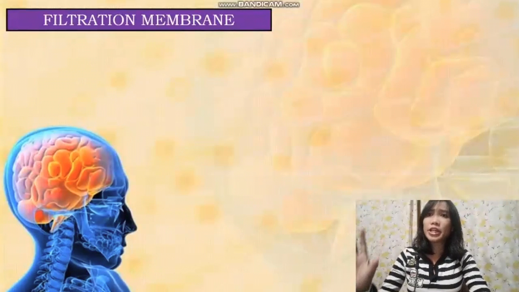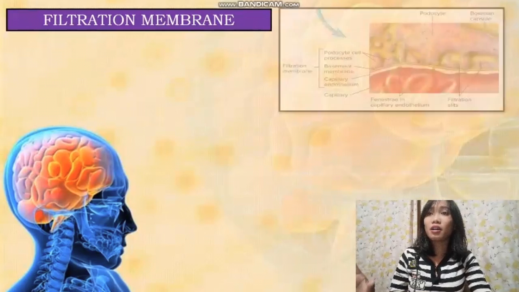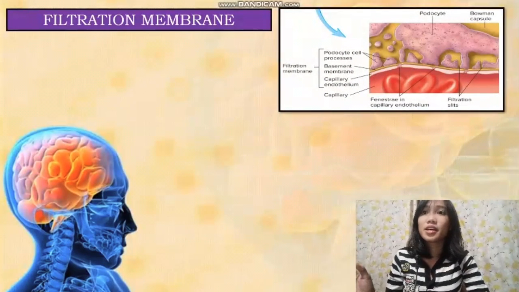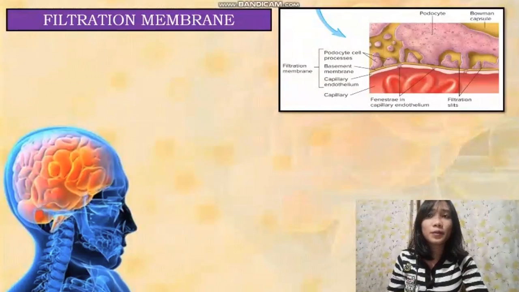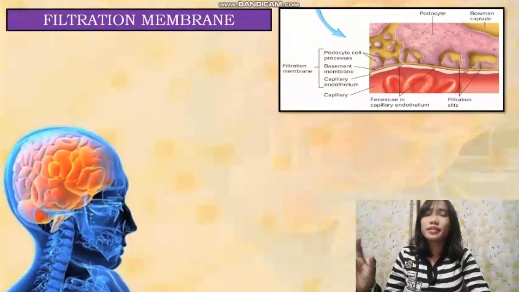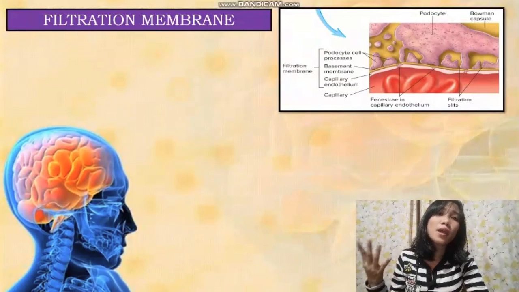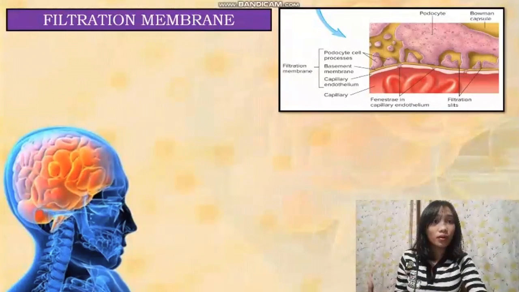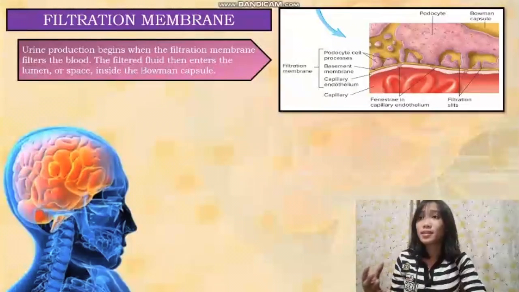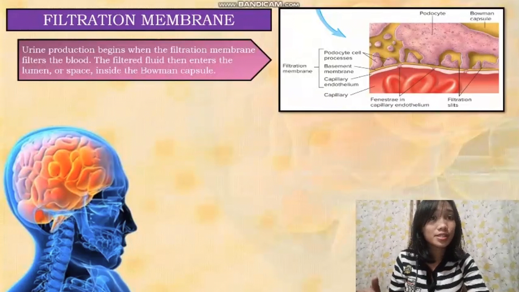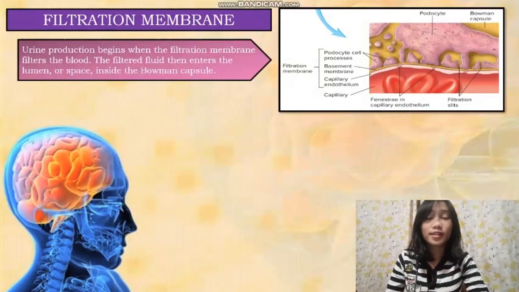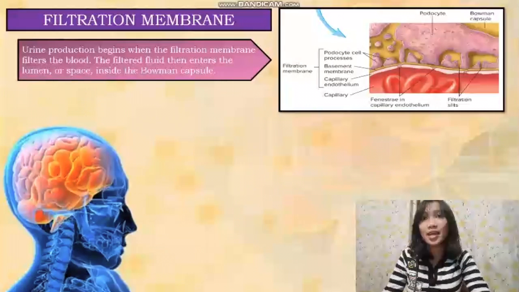The filtration membrane consists of the podocyte cell processes, the basement membrane, and the capillary endothelium. This filtration membrane plays a major role in urine production. Urine production begins when the filtration membrane filters the blood, and the filtered fluid enters the lumen, or space inside the Bowman capsule.